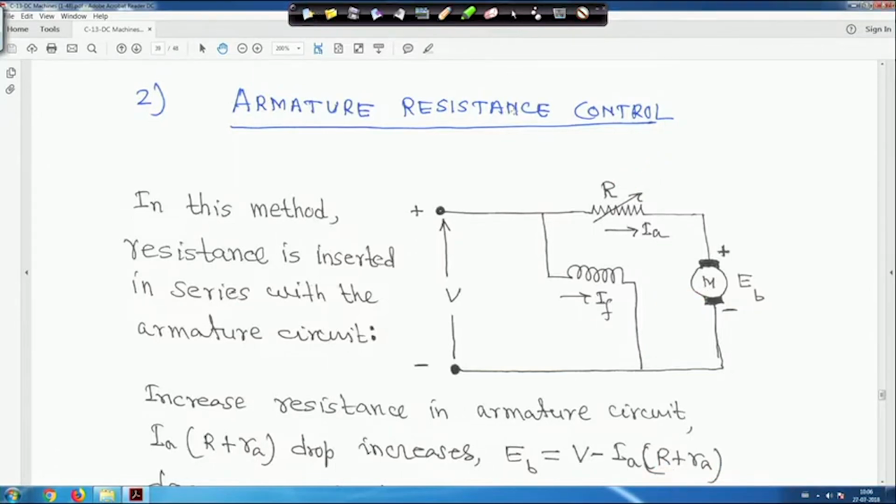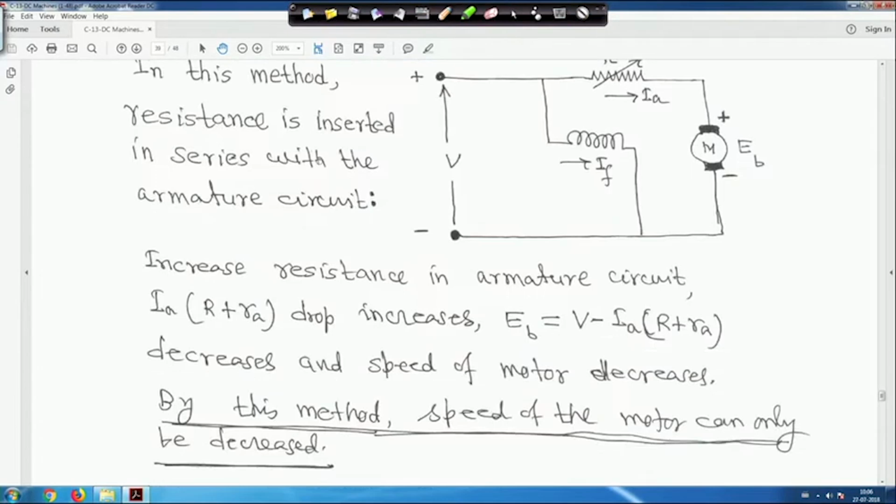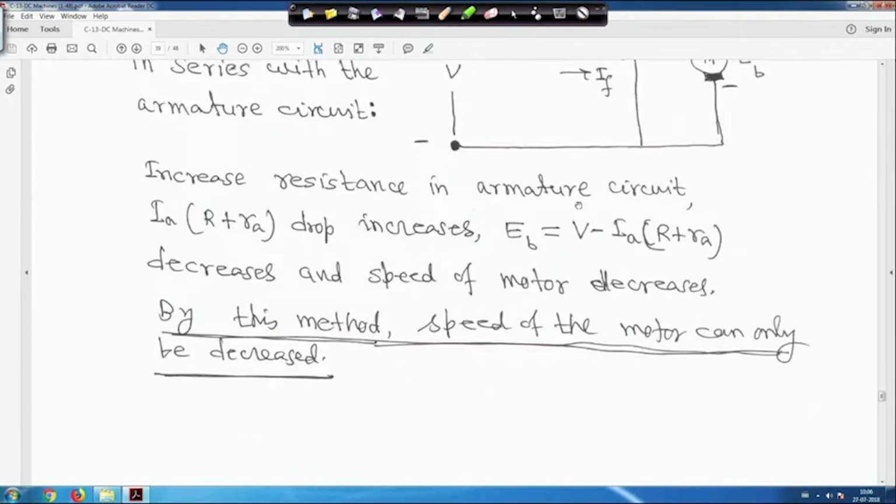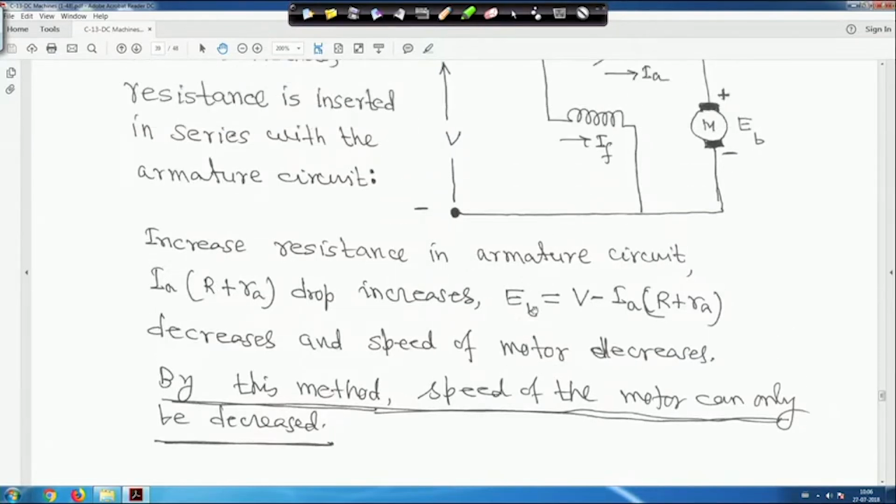Therefore, if you increase this capital R in the armature circuit, the IA R drop increases, therefore EB will decrease, and the speed of the motor decreases, because in this case the back EMF EB is equal to K into phi into N, right.